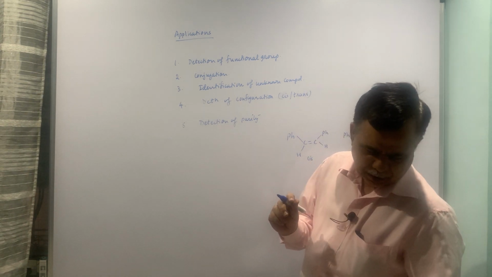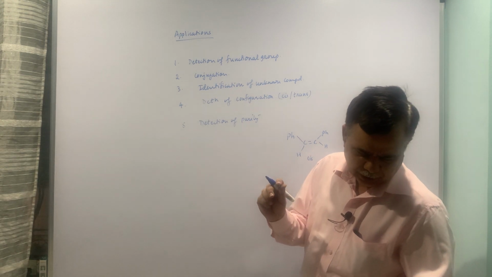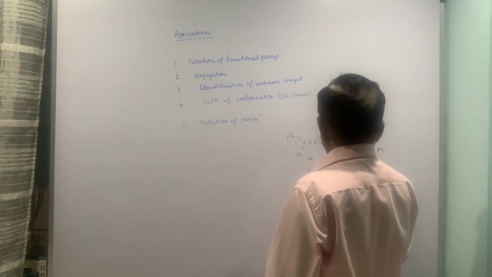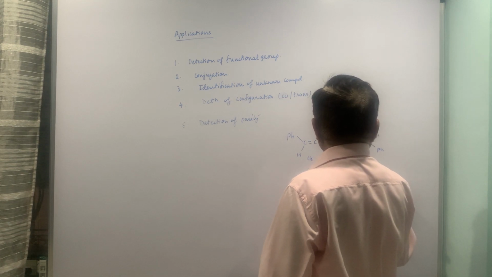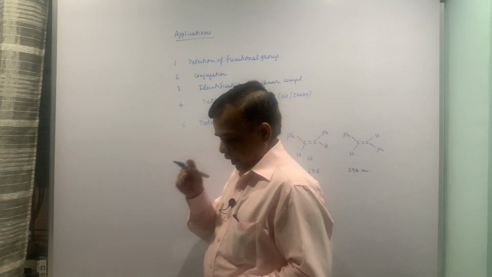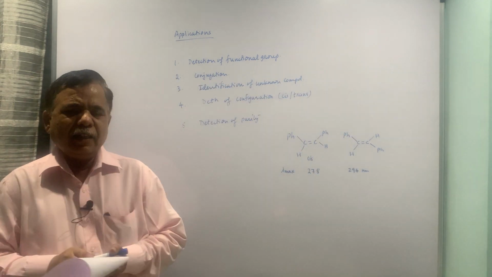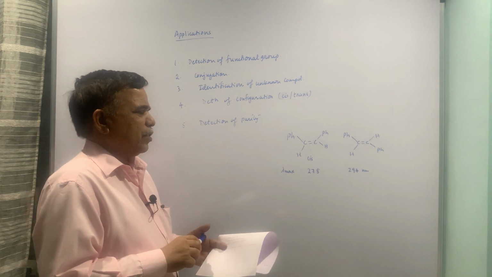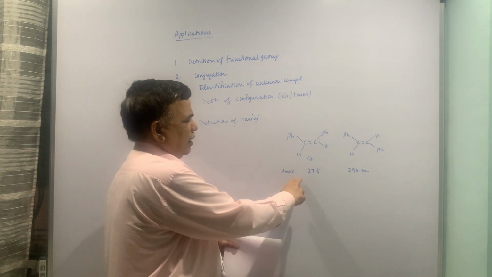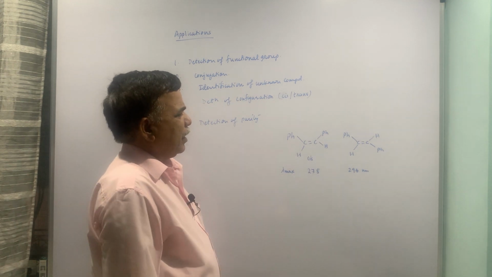Now their maxima are 278 and 294 nanometers respectively, of course, these are lambda max values pertaining to those compounds, and they are the values for pi to pi star transition. Now in the first compound the value is less, in second compound the value is high.